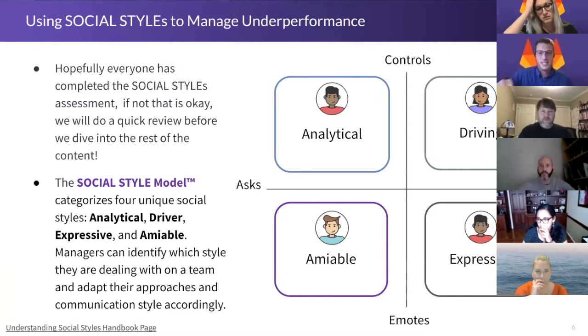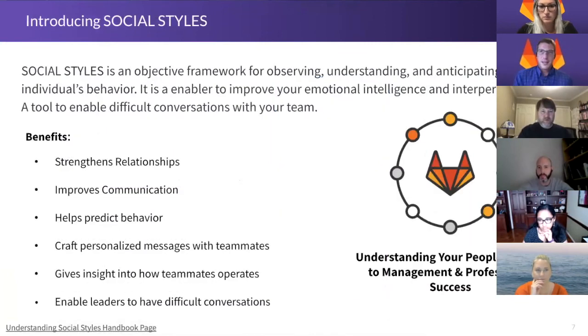And we're going to dive deeper into the social styles model. One thing about social styles that I think is different than other assessments is that it really focuses on observable behaviors. And I want to stress that point. It's not so much about personality, it's about observable behaviors. And I'm going to talk a little bit more about that later on.